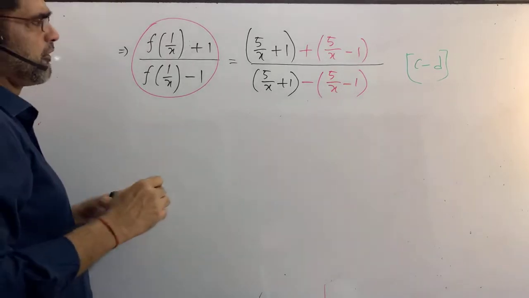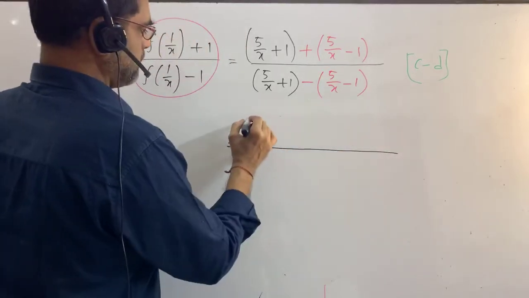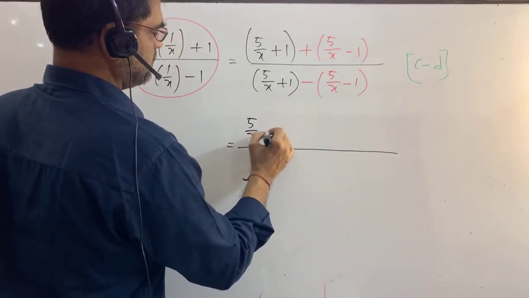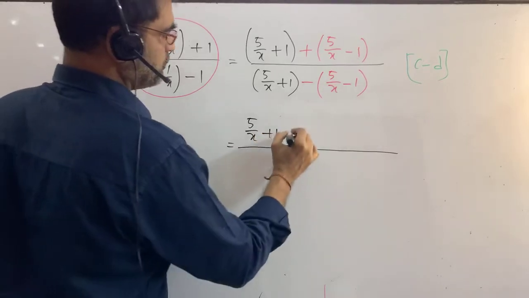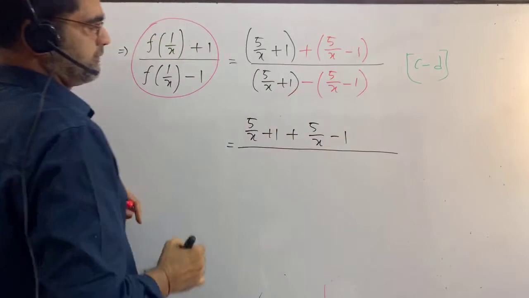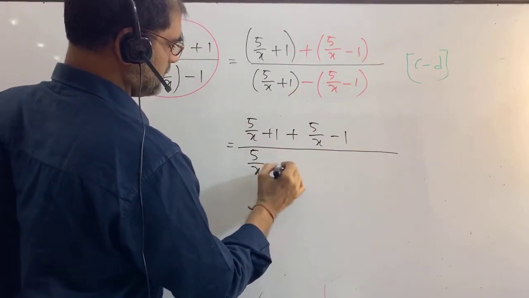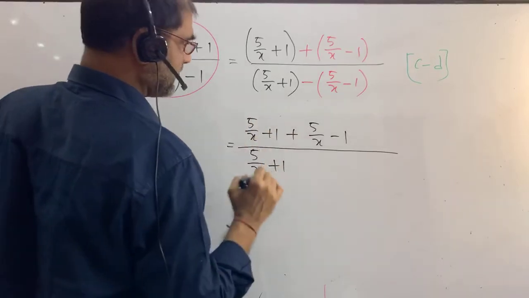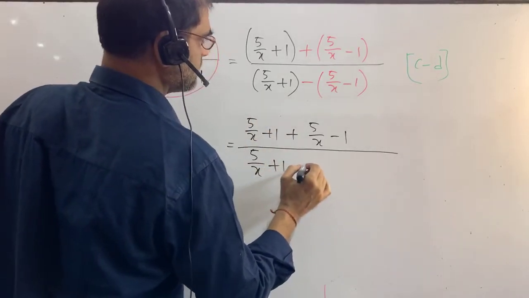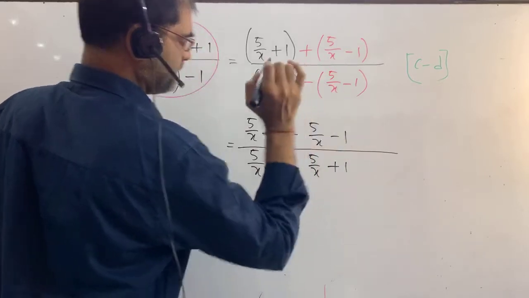Now you see, it is 5 by x plus 1 plus 5 by x minus 1. Now in the denominator we are getting 5 by x plus 1 minus 5 by x plus 1.